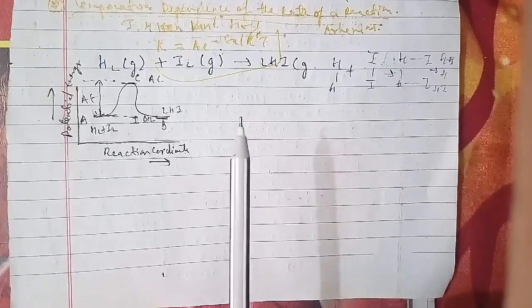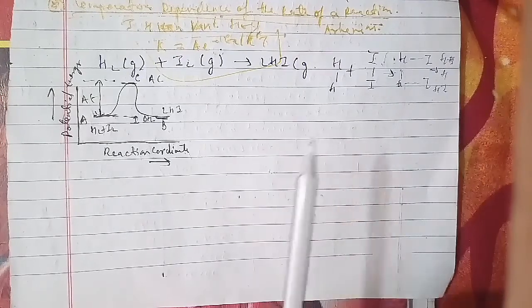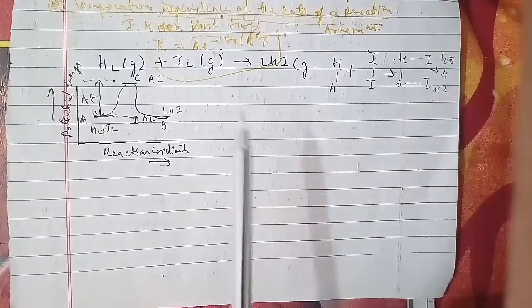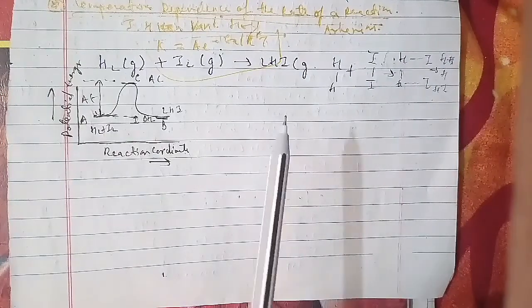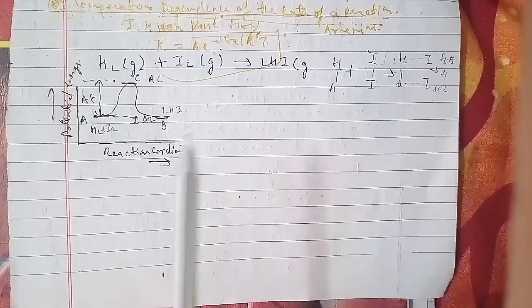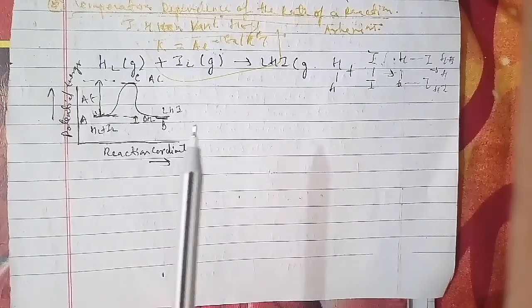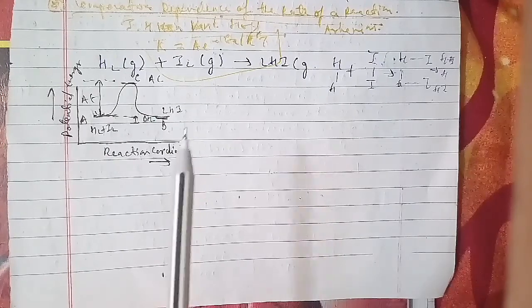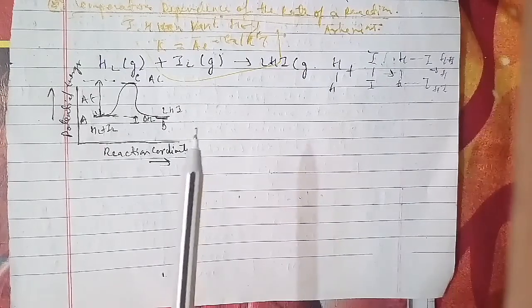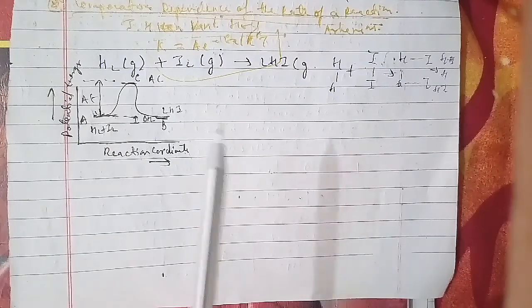This is the distribution curve showing the energies among the gaseous molecules. This is the fraction of molecules, and this is the kinetic energy. So here it rises to some extent, and then of course it goes down.